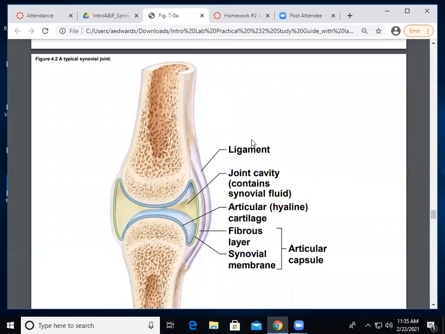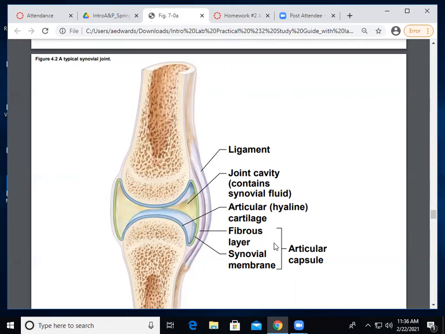All right, so here's an example of a synovial joint. The synovial joint has a joint cavity that has synovial fluid in it. You have articular cartilage, which is made up of hyaline cartilage. We learned about that when we learned about tissues. It has a synovial membrane around it, and a fibrous layer around that synovial membrane.